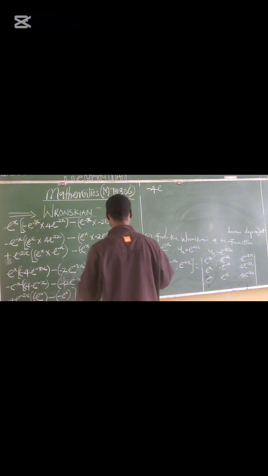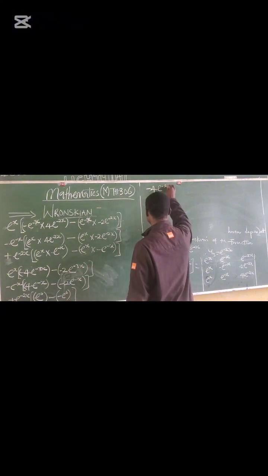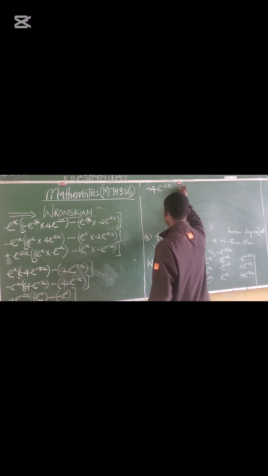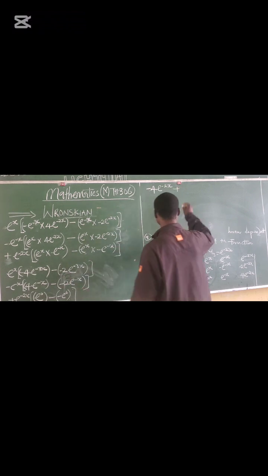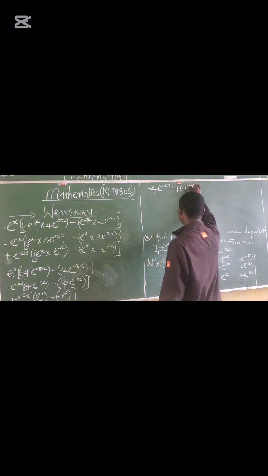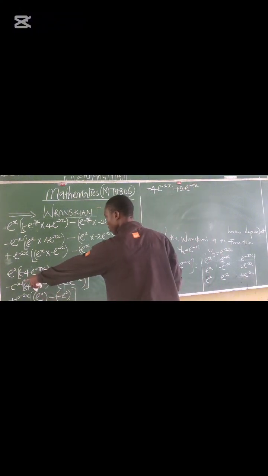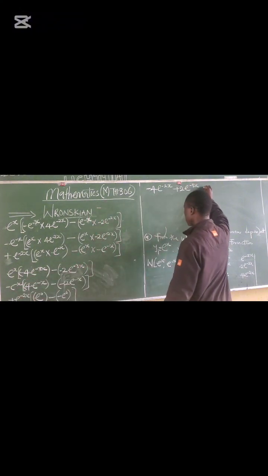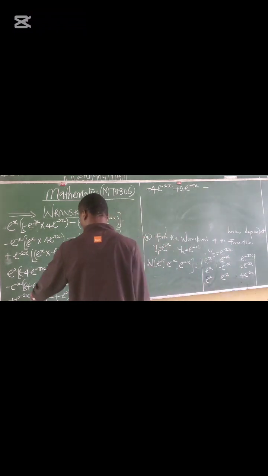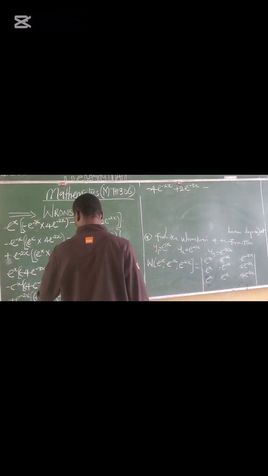So x minus 3x will give us minus 2x. So that's for this. So minus minus here will give me a plus. I have my 2 and I have exponential minus 3x. So I have a minus exponential x.